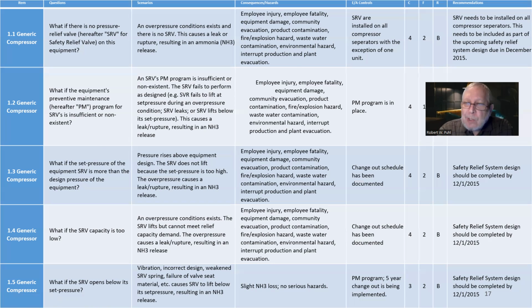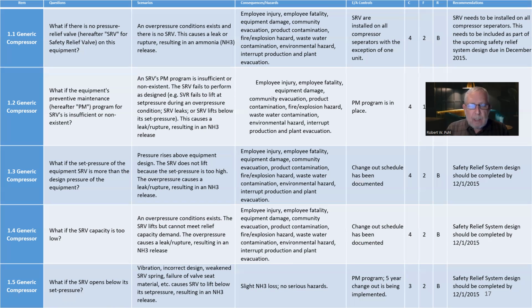So every piece of pressure equipment, boilers, compressors, whatever it is, even air compressors, has a maximum MAWP, maximum allowed working pressure. So the scenario is the pressure rises above the equipment design. The safety relief valve does not lift, which means it doesn't open and let the ammonia out, because the set pressure is too high.